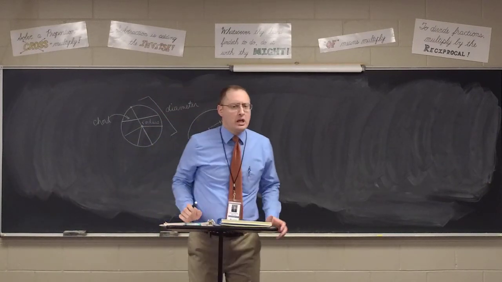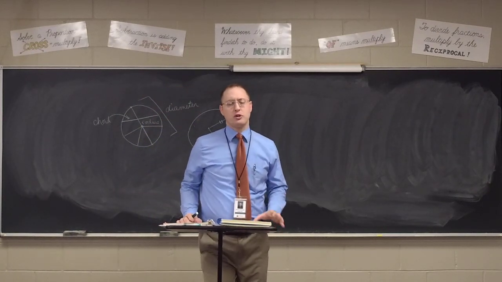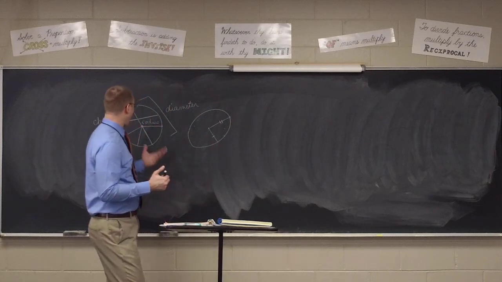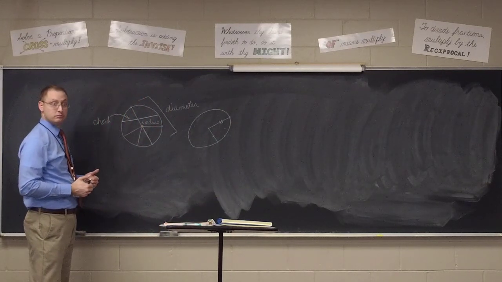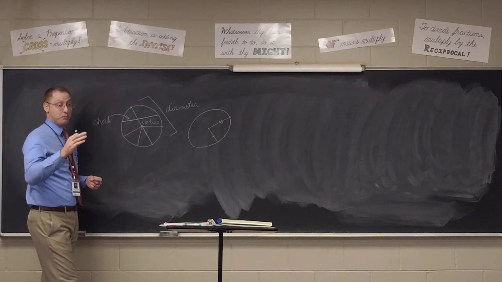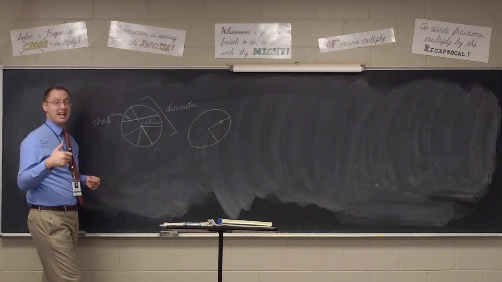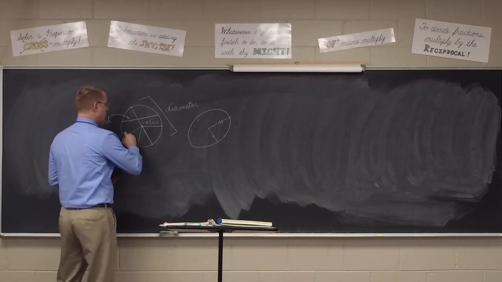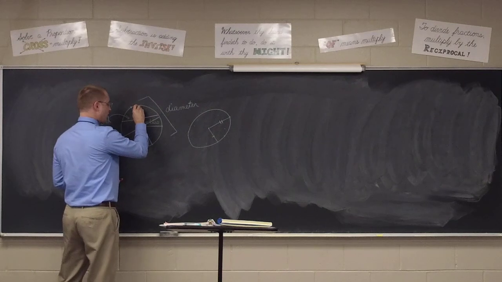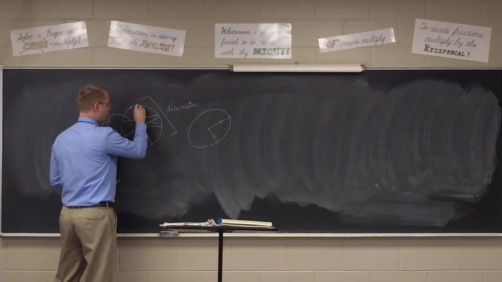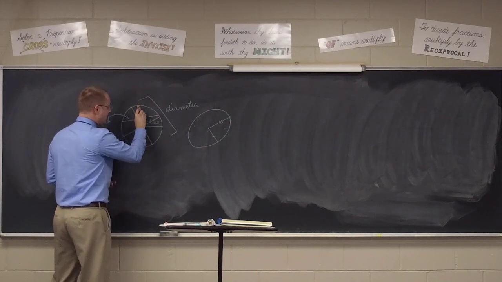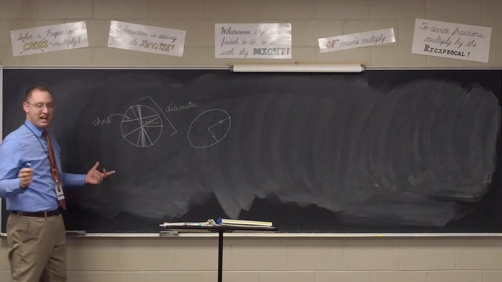Question for you. What must be true? Well, first of all, how many diameters could I draw in a circle? A lot. More accurately, an infinite number, right? As long as you keep starting on the circle, going through the center and ending on the circle, there's literally an infinite number of diameters you could draw.